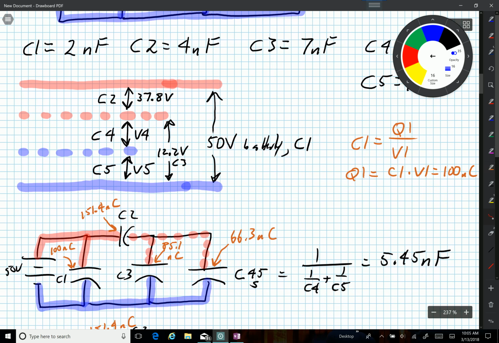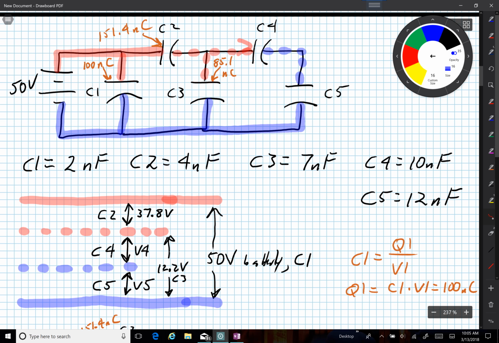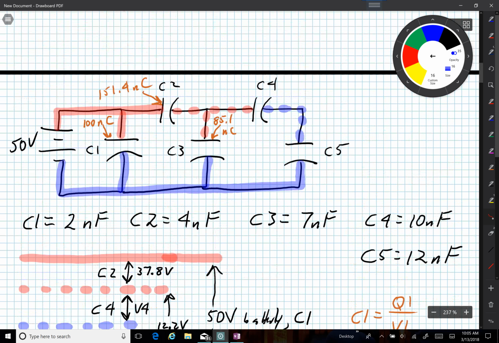Look here now. After C2, charge goes down onto C3, and charge continues to come down and go on to another capacitor. In my real circuit, charge goes down to C3, and there's still charge that goes this way. How much charge? 66.3 nanocoulombs. So this is 66.3 nanocoulombs.